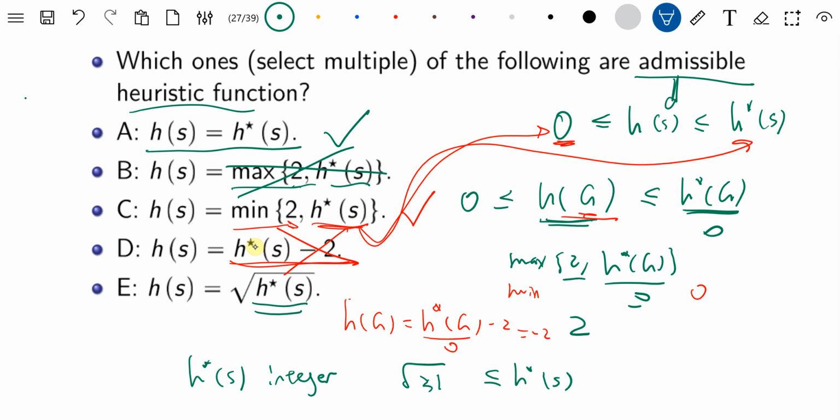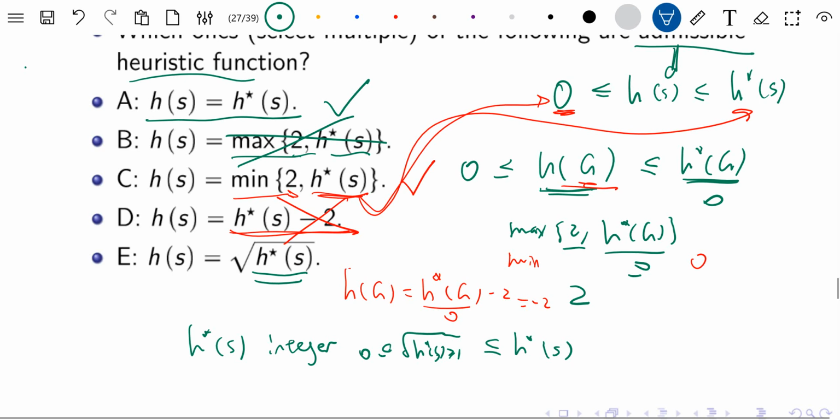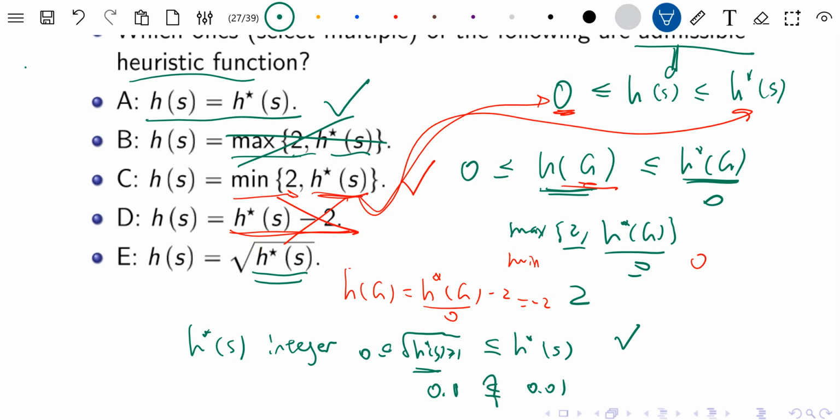So the square root of h star, for h star larger than or equal to 1, is between 0 and h star. So that'll be okay. However, if h star is say 0.01, then the square root will be 0.1. So this will no longer hold.